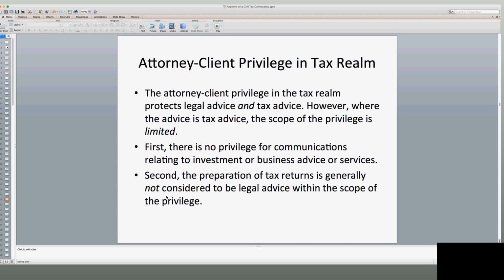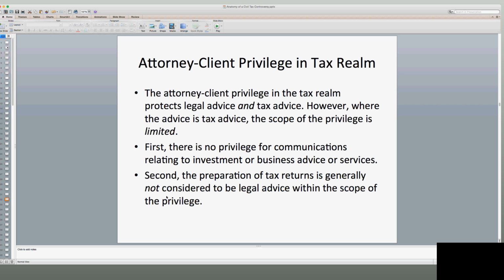It protects legal advice and tax advice, but don't get too excited because in the next slide you're going to see how the courts have eroded that. However, where the advice is tax advice, the scope of the privilege is extremely limited. For example, there's no privilege for communications relating to investment or business advice or services.